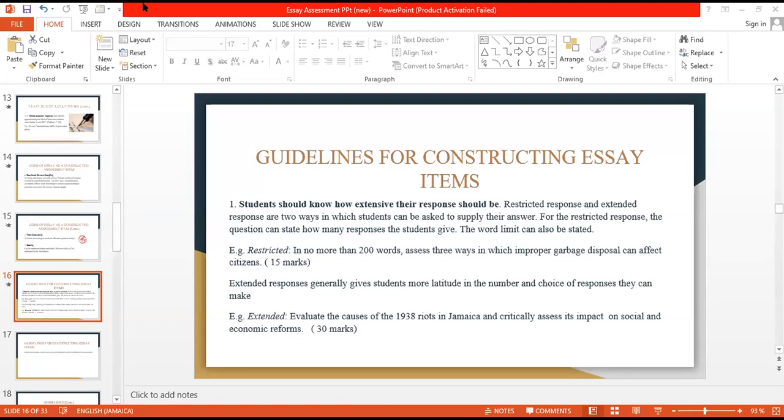So what is the best and most precise approach to formatting any essay, whether it is restricted or not? Restricted just means that it's very specific. The length of it is very restricted and it doesn't require as much. But the extended essay is a longer essay, more involved, with more development of the concepts involved, right?